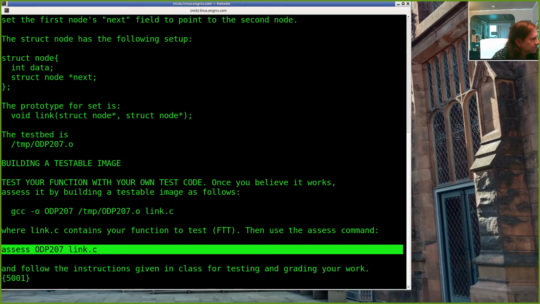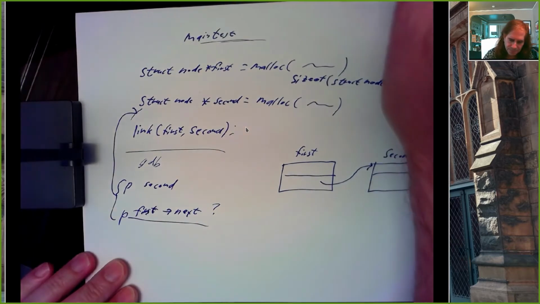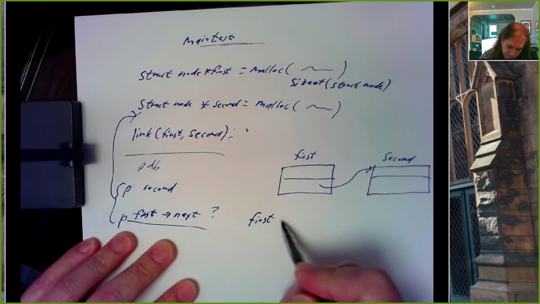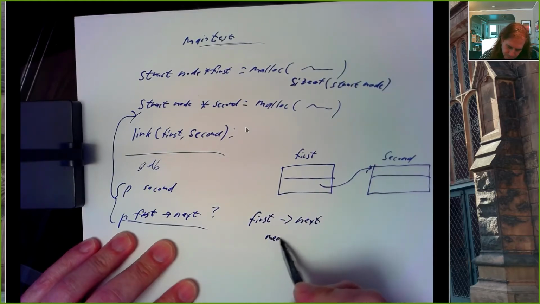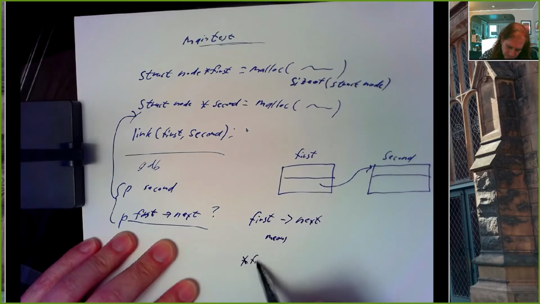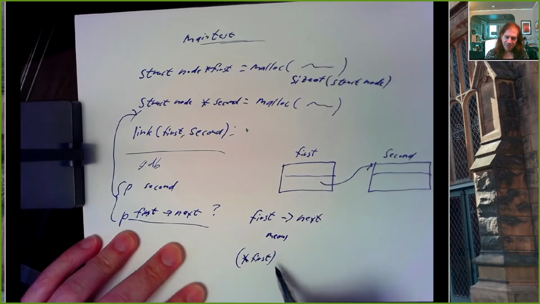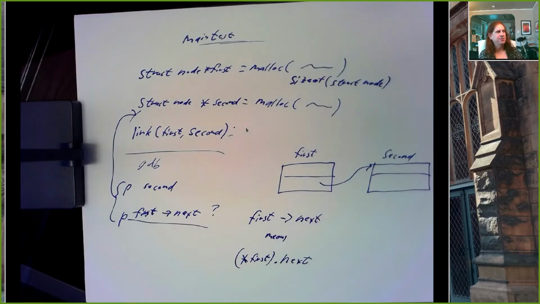Does arrow next say the pointer to the next field of first? Yeah. Arrow next means dereference the pointer, find the actual node that this refers to, and use the next field of it.